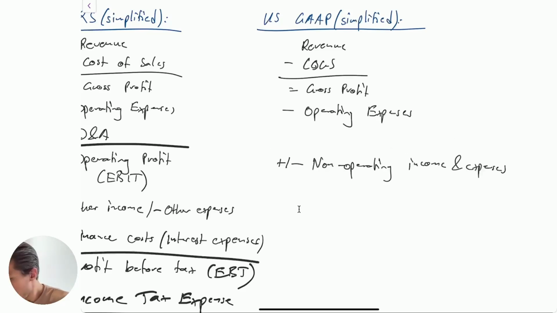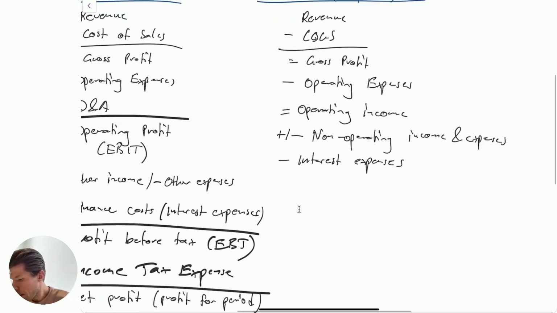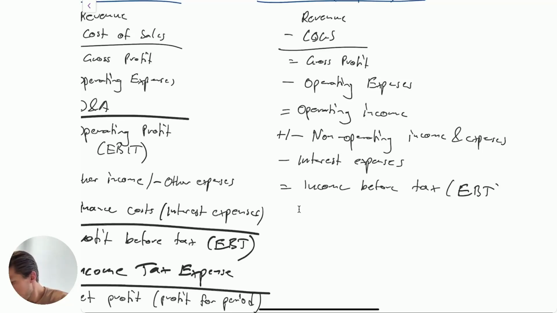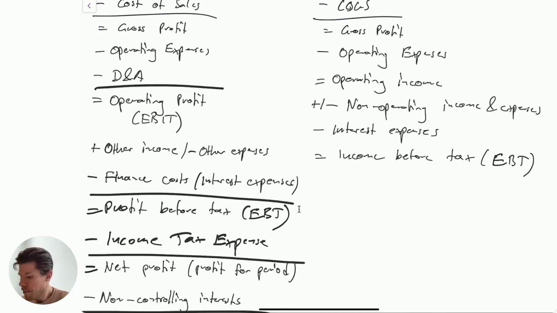We have equals operating income, minus interest expenses, equals income before tax, EBT, minus income tax expense, similar to what we had before.